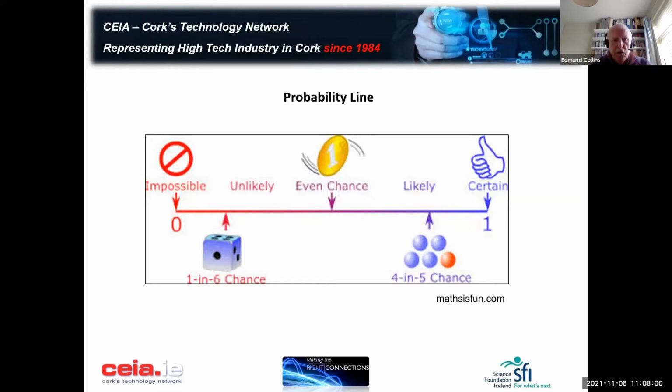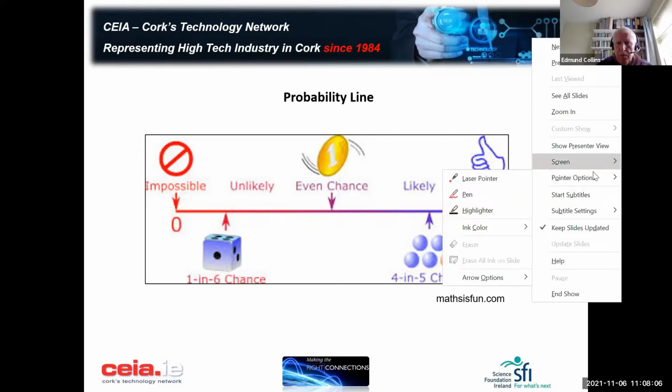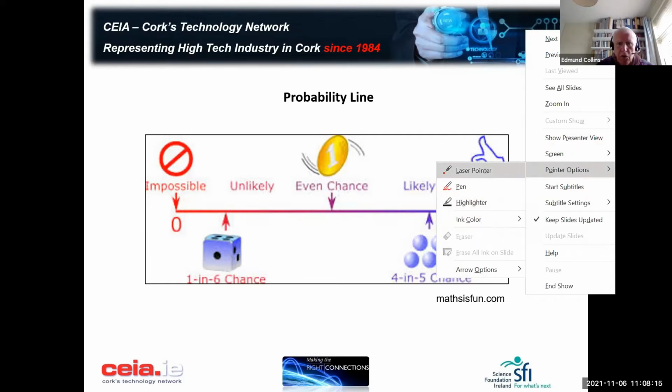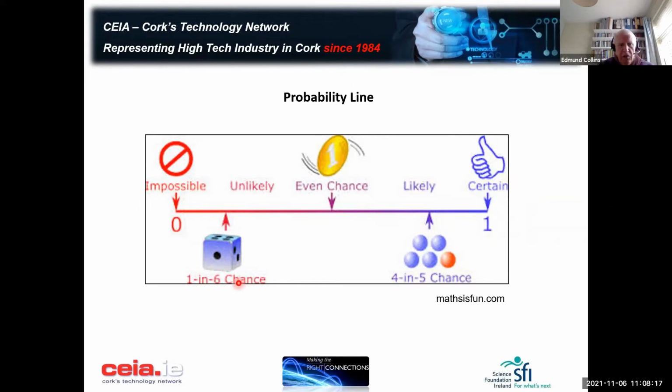So just looking at the left-hand side there. Sorry, just getting my pointer here. So in the case of a die, if you toss it, the chance of getting a 1 is 1 in 6, because there are 6 numbers on the die.